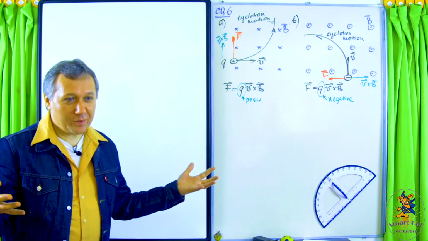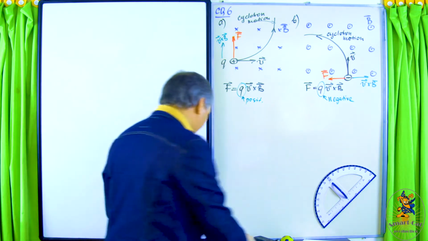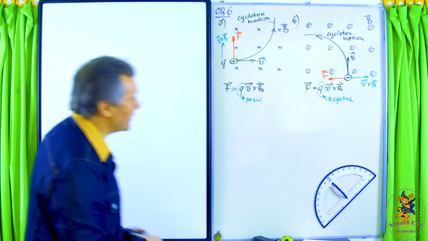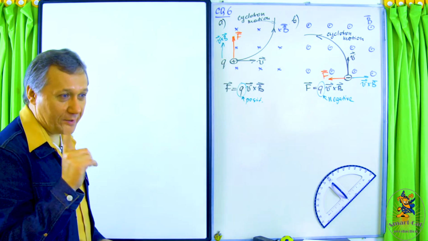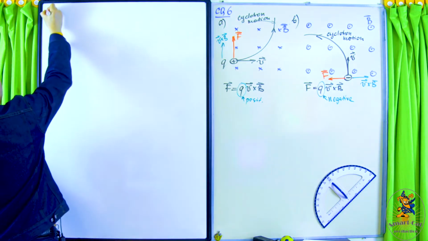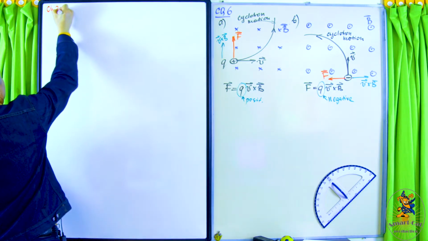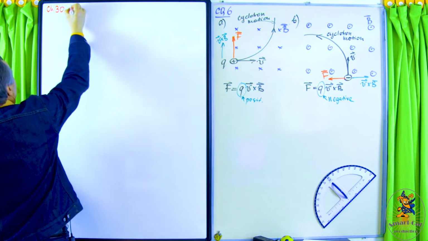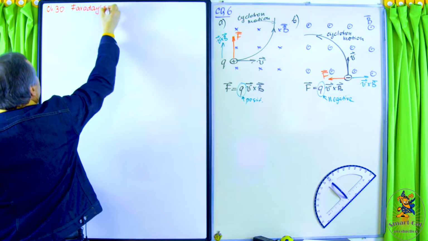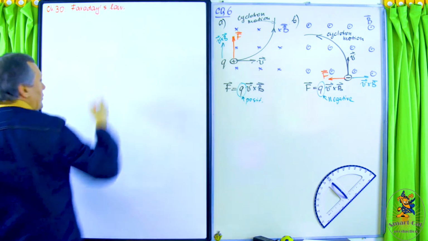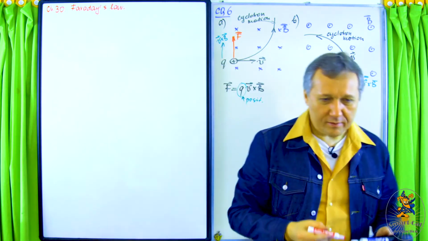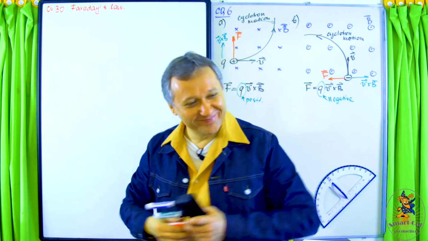So now let's move to chapter 30, Faraday's law, new stuff, which we started discussing in the previous lecture, which was actually yesterday. Faraday's law. Actually, the chapter is called electromagnetic induction, but the major part is Faraday's law.